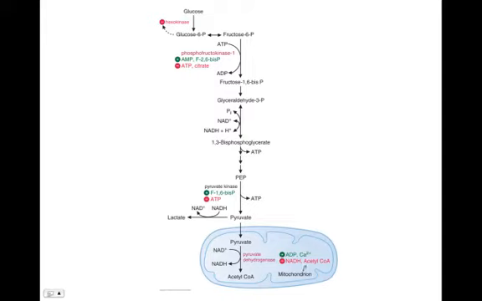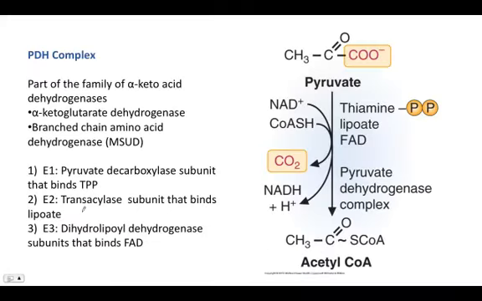Additionally, there are also subunits that are kinases and phosphatases that respond to the energy levels in the cell as well. Let's look more closely at the pyruvate dehydrogenase complex. Again, this complex is responsible for converting pyruvate, generated from our cytosolic glycolysis, into acetyl-CoA, which will be further oxidized in the TCA cycle.